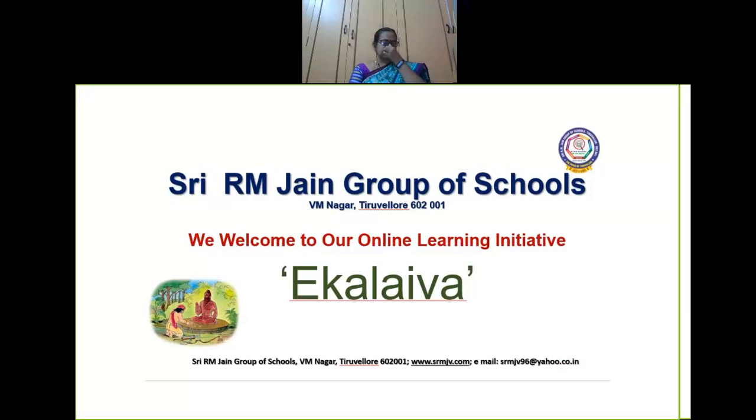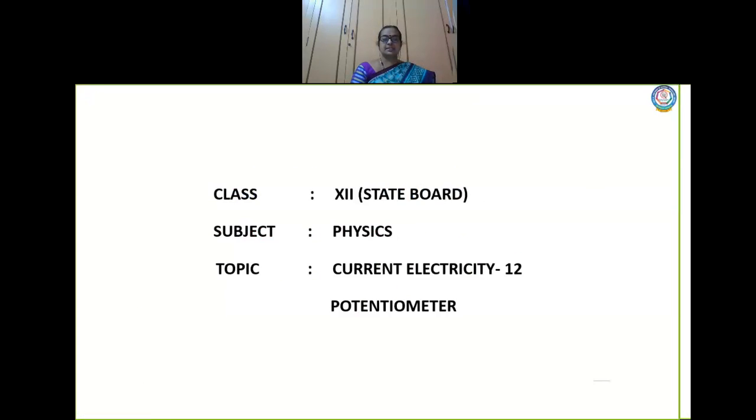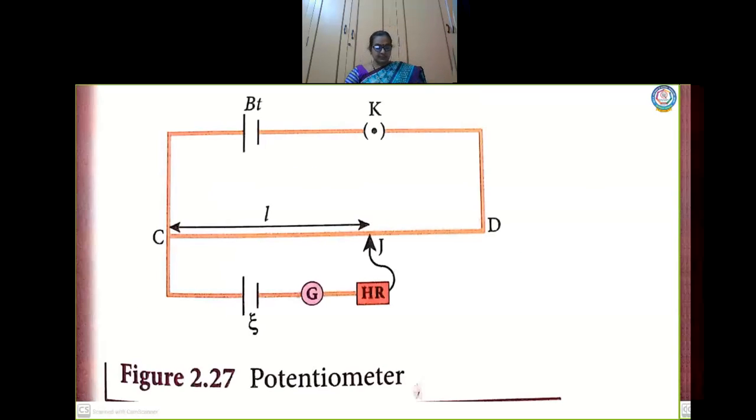Today we are going to continue with the potentiometer. So what is a potentiometer? Look at your book, the diagram is on page number 113, children. I'll show you the picture of how the potentiometer looks when you come to the lab.